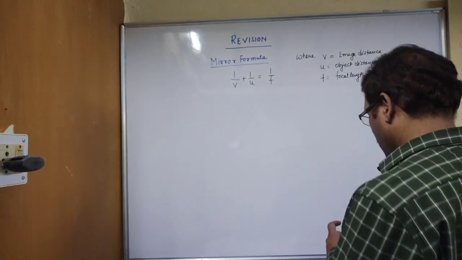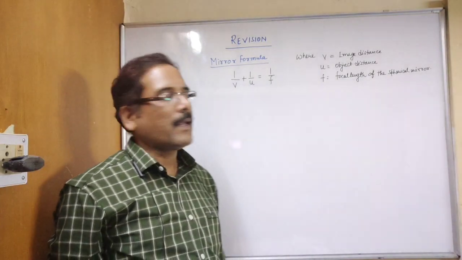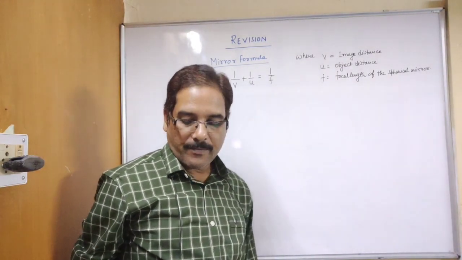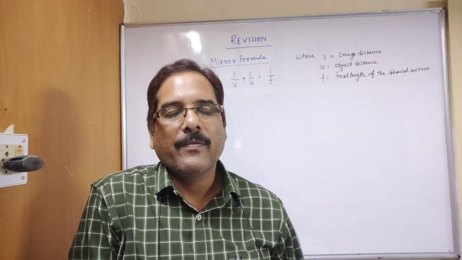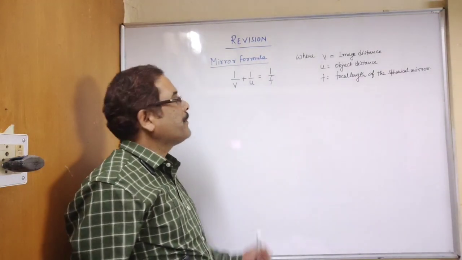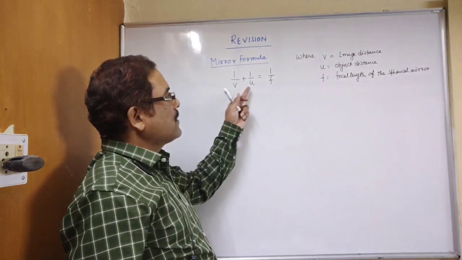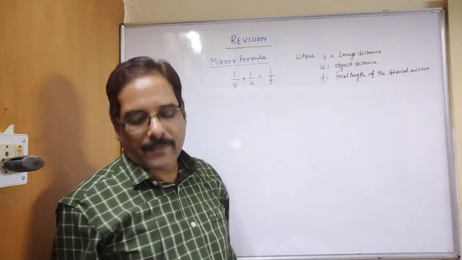We write spherical mirror because the formula is true for concave as well as convex mirrors. So what is the mirror formula? It is simply a relationship between image distance, object distance and focal length of a spherical mirror.